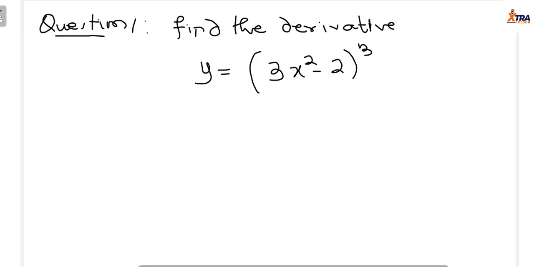So now let's see how to solve this using our chain rule, which is the function of a function, which is dy over dx, which is equal to dy over du times du over dx. Solution.